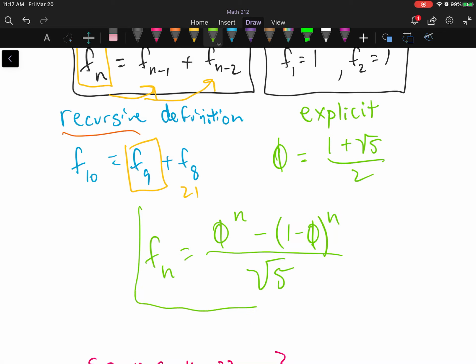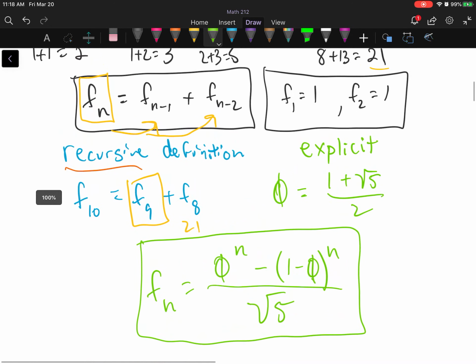So it's this weird expression built from irrational numbers and taking powers of irrational numbers and then dividing that by an irrational number, the square root of 5, that actually gives you integers that come out of this. This actually gives you the nth Fibonacci number.